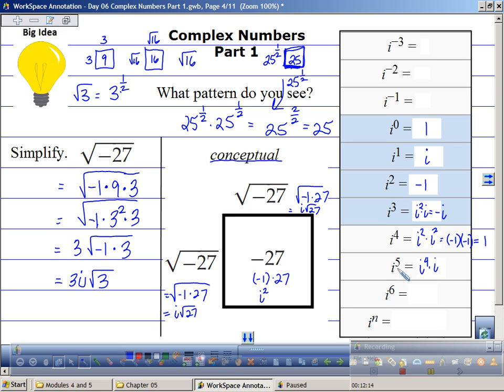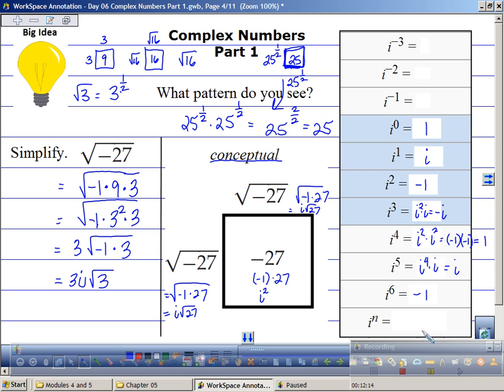What's i to the 4th? There's lots of ways you could look at i to the 5th. You could use a whole bunch of these together, right? So i to the 4th is 1. 1 times i is i. i to the 6th is -1.